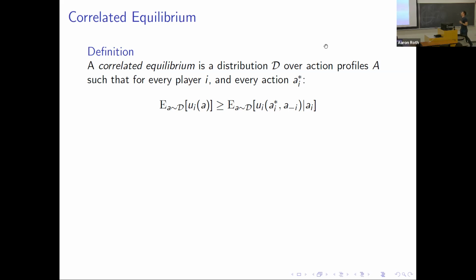So the first little twist I want to put on traffic lights is I want to imagine that the traffic light is not showing you a color, but it's just directly proposing an action that you should play, like go or stop. And we could think about this in a general game, not just a game with two actions. So the correlating device is just allowed to whisper in your ear a suggested action.